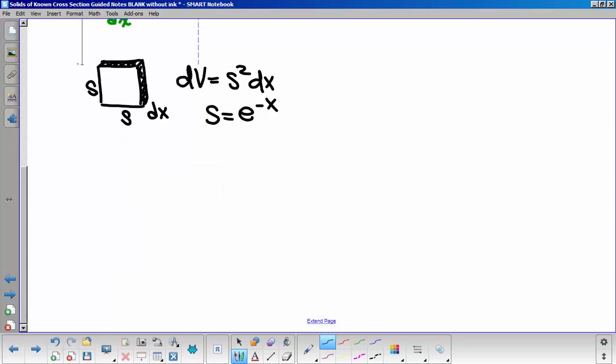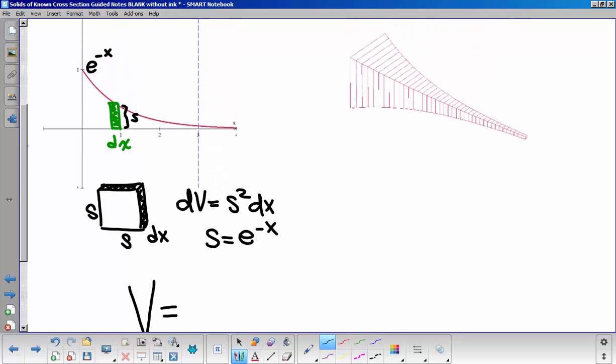And I want to add up all the volume. What I'm doing is creating a model, cutting a square out. Here's my square, and this area here is my base, and then we have squares sticking out.